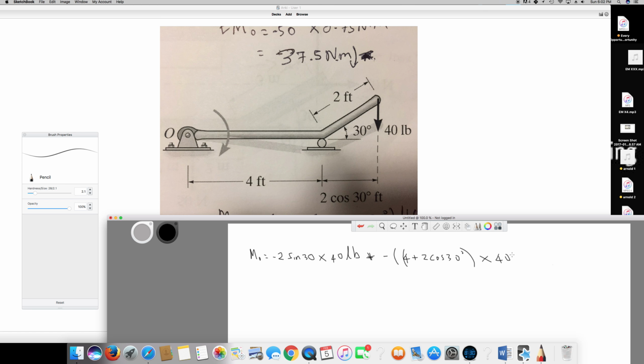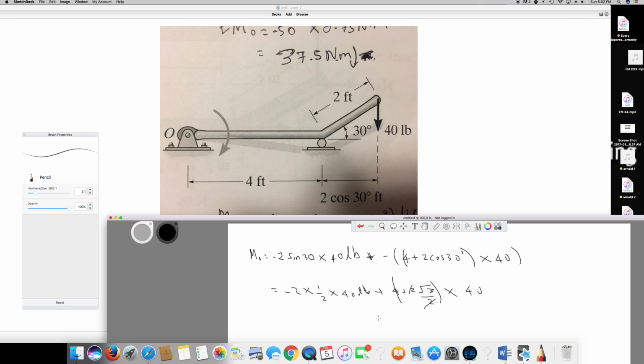So this is our vertical moment. If we calculate all together, minus 2 sine 30 is going to be half, minus 2 times half times 40 lb, plus 2 cos 30 is root 3 by 2, so 4 plus 2 root 3 by 2, the 2 cancels, root 3, and times all together times 40.